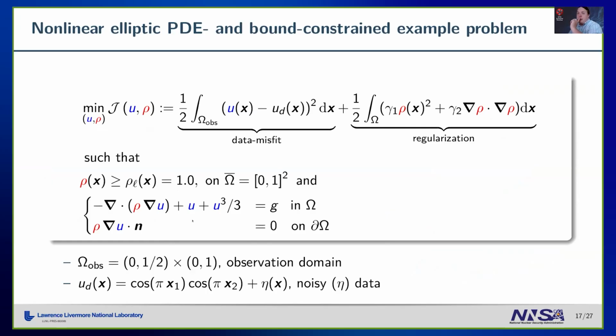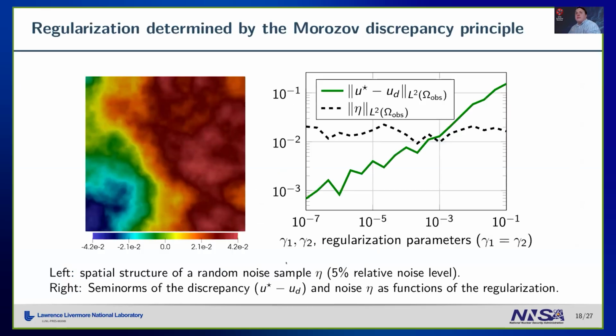This is a time independent problem, as you can see. The domain is a unit square, and we'll be taking observations of the PDE solution on the left-hand side of the domain.